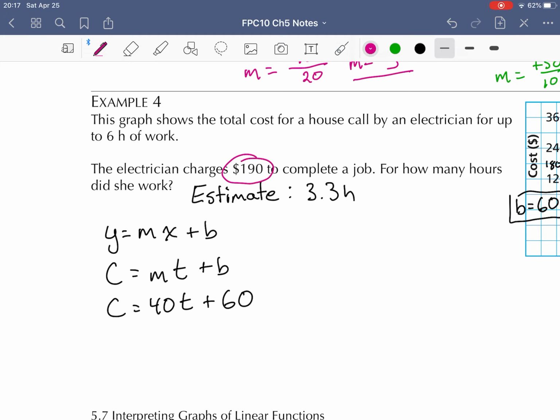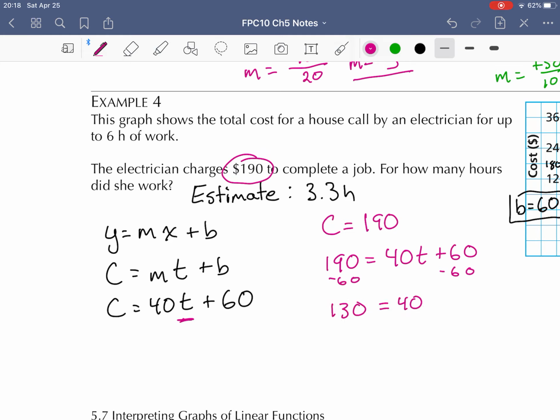Okay, now we know that she's charging $190, so we need to figure out t. So c is going to equal $190. So we write $190 is equal to 40 times t plus 60. So we subtract both sides by 60 to get 130 is equal to 40t.